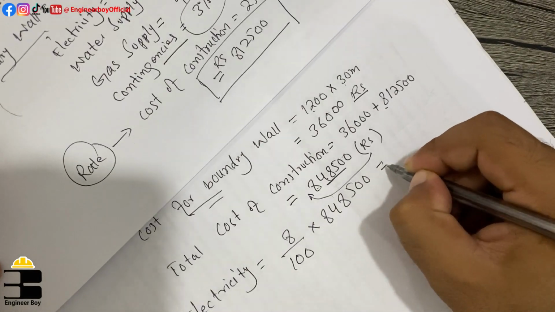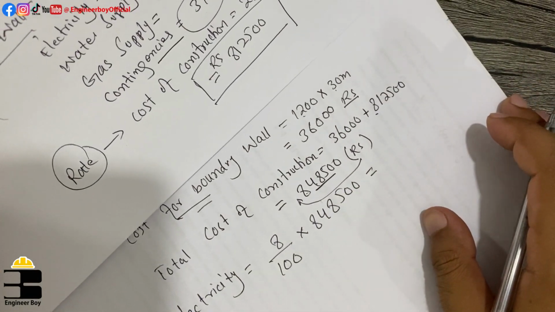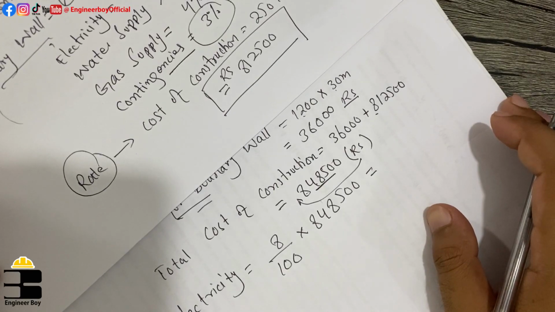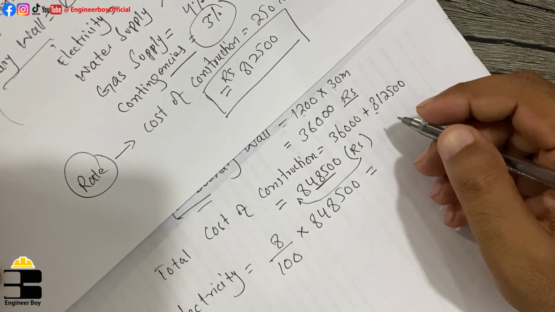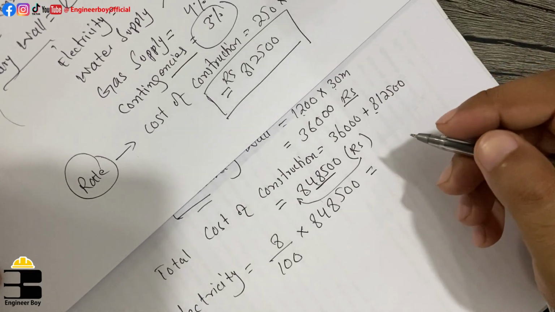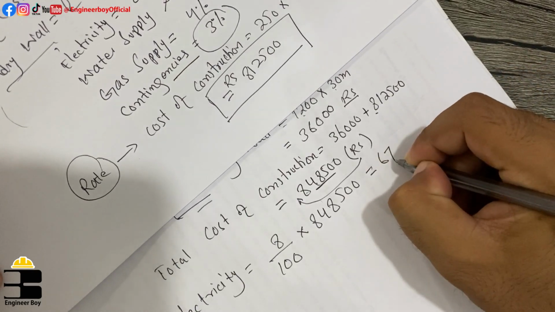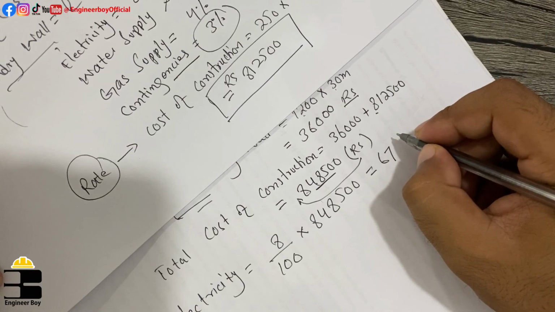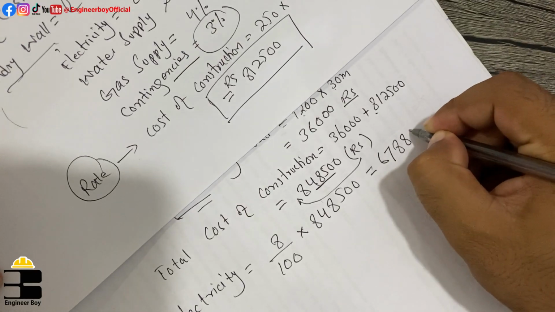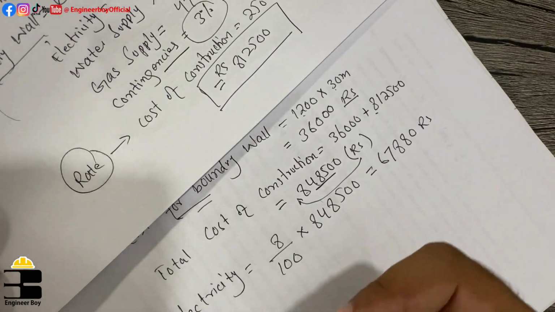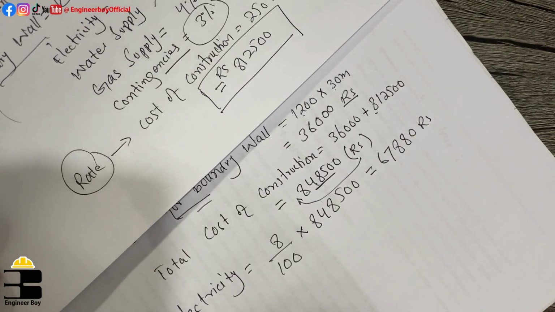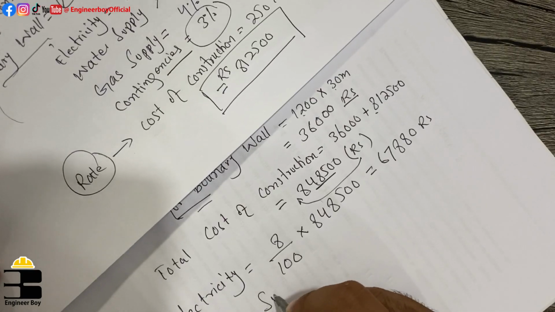So the electricity cost is 67,880 if I'm not wrong. That is 67,880 RS.